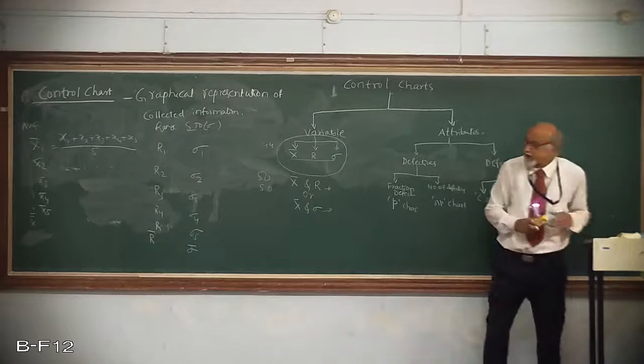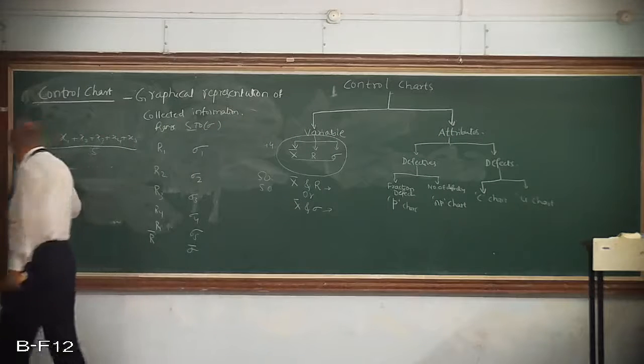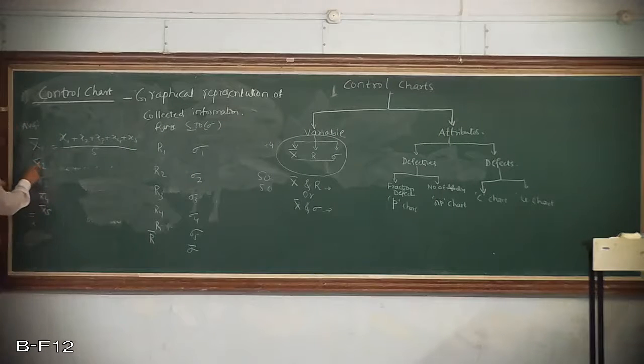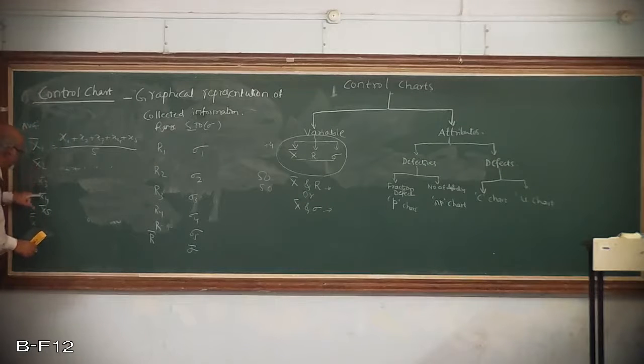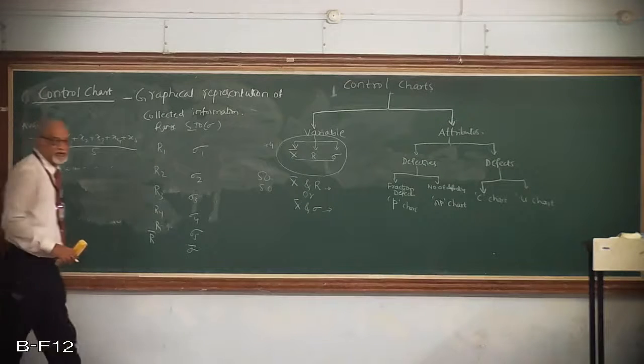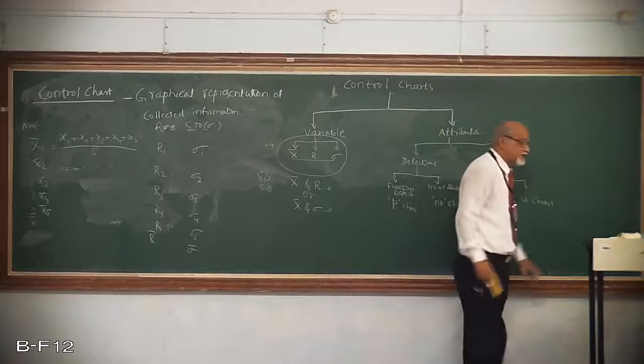So what it will delineate is, yes, these average values, they are in different samples. This is first sample, second sample, third, fourth, fifth. Among that means, is there any variation among the samples? Variation from this sample to this one, this sample to this one. So that is what the X bar chart reveals.